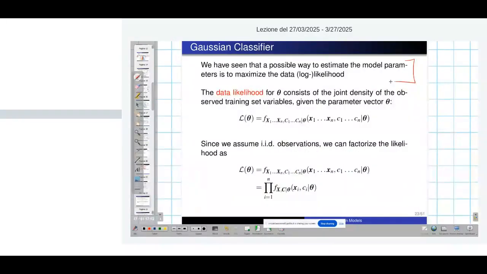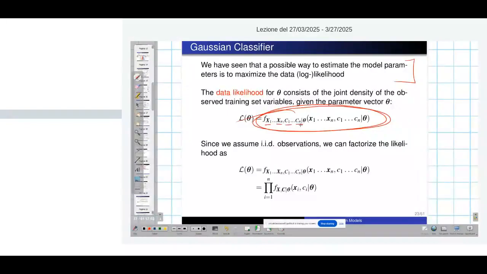We start by writing the likelihood for our parameters for our dataset. What is the likelihood? The likelihood is defined how? As the joint density of all the observed values of our dataset. Which means, in this case, all the feature vectors and corresponding class labels of the observed dataset.